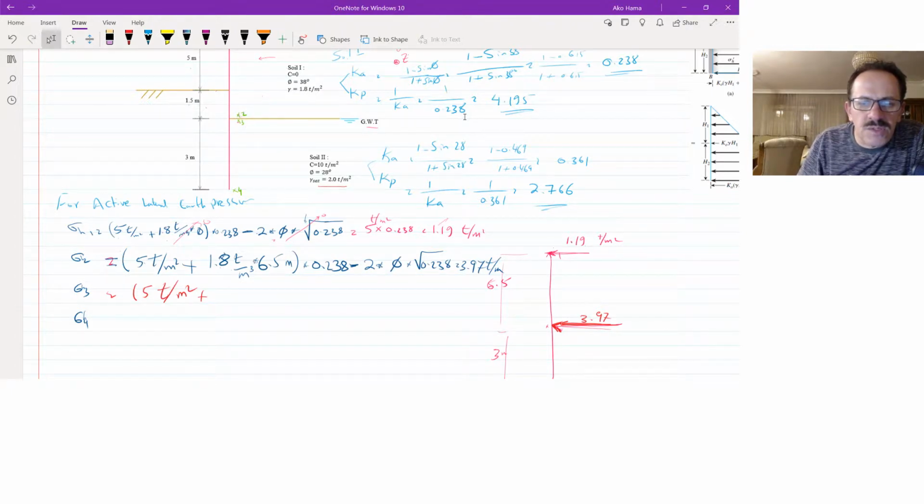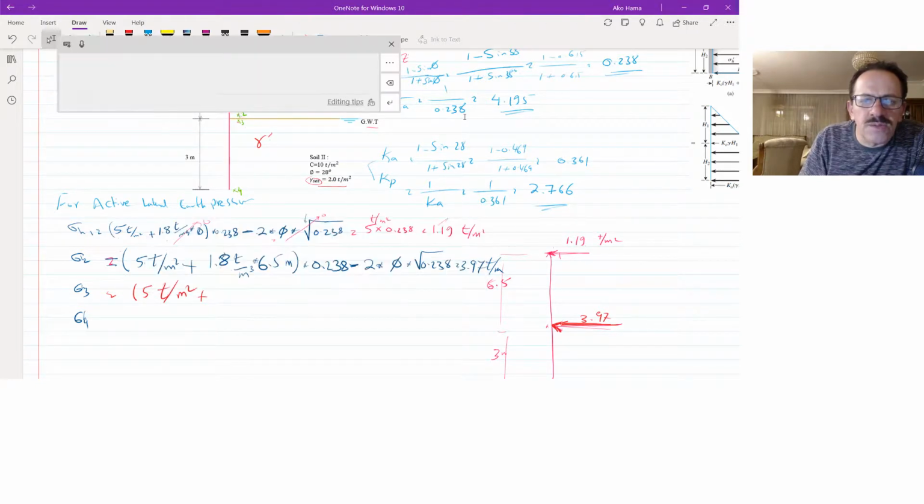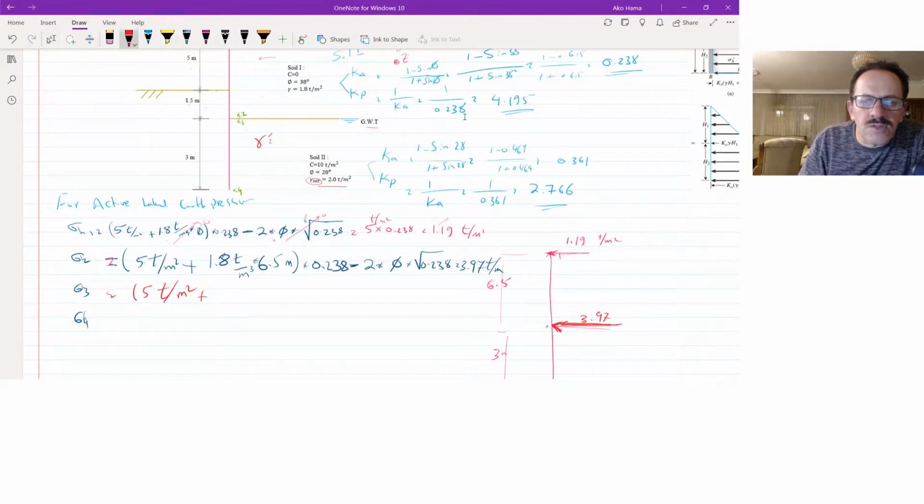Now remember, this is a very tricky one. We have to not use gamma saturated, we have to use gamma prime, which is equal to gamma saturated minus gamma water. Here gamma saturated is 2 ton per meter cube, minus gamma water, which is 1 ton per meter cube. So 2 minus 1 is equal to gamma prime, which is 1 ton per meter cube.